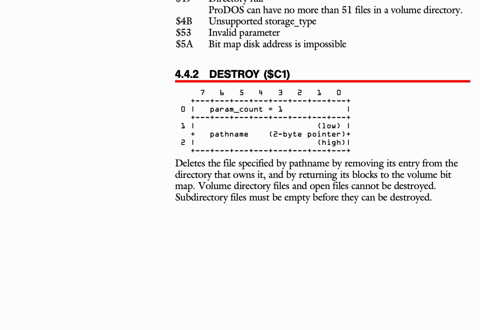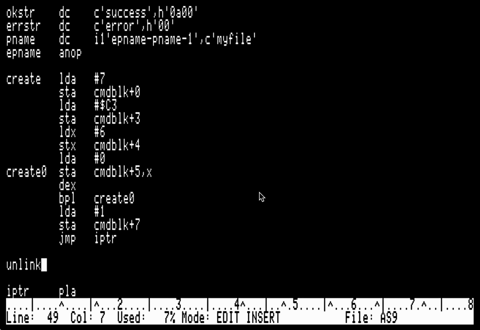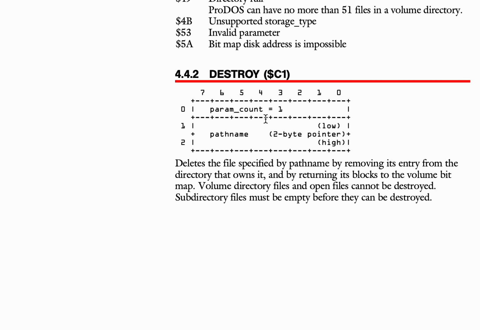All right, and you see it has a parameter count of 1, and the call is call hexadecimal C1. So all I need to do here is load a 1, store that in command block byte 0, right there.